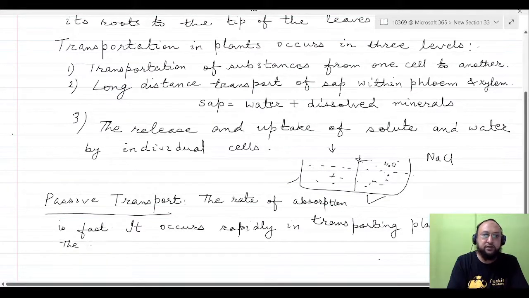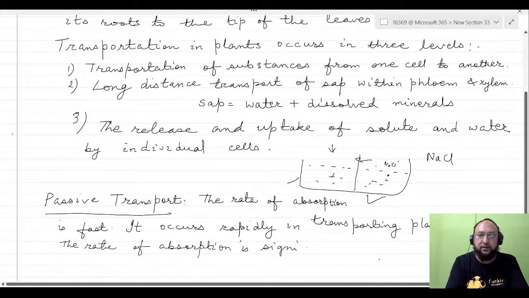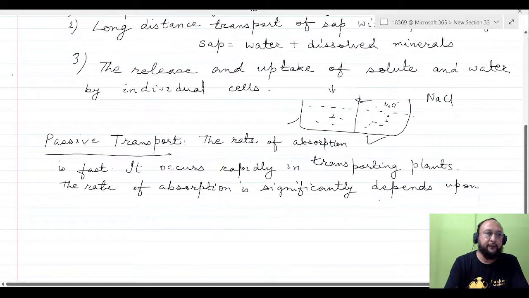The rate of absorption is significantly dependent upon the rate of transpiration.